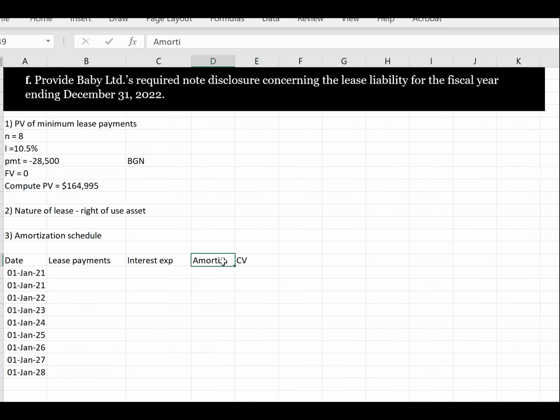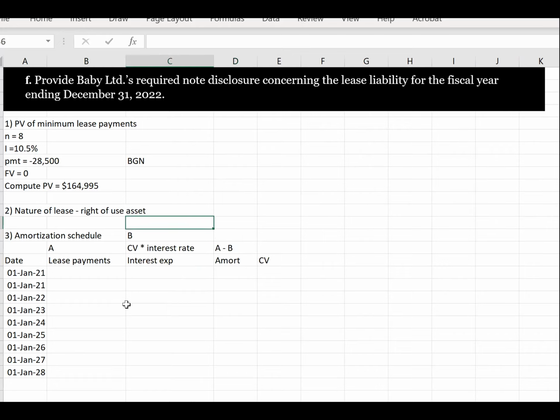So the interest expense is going to be the carrying value times the interest rate, and the carrying value is going to be A minus B. This is A, and this is B, okay?